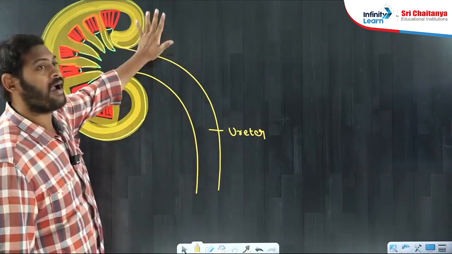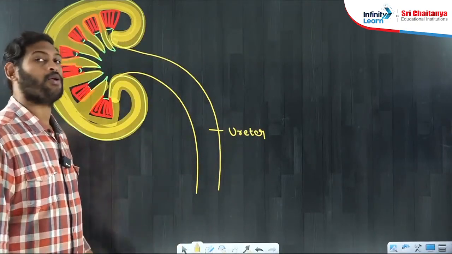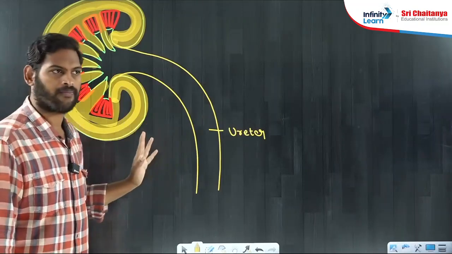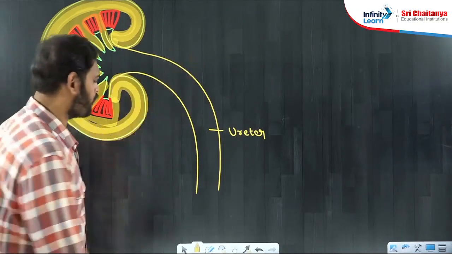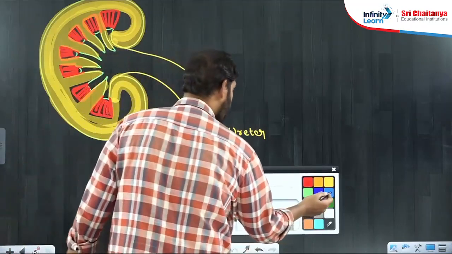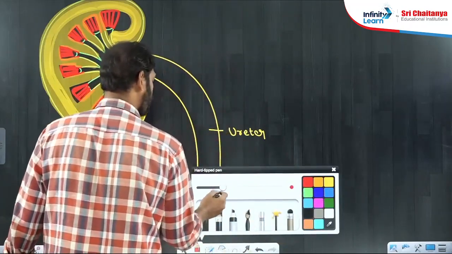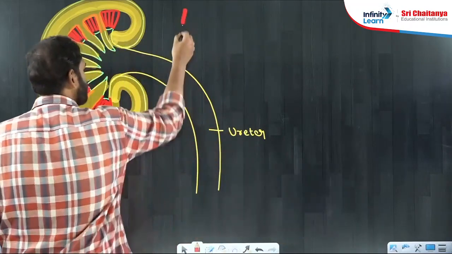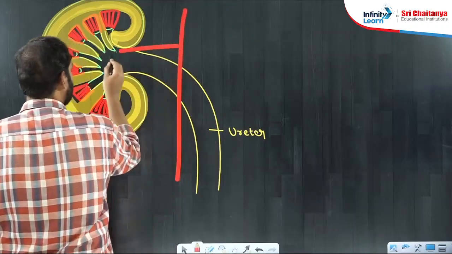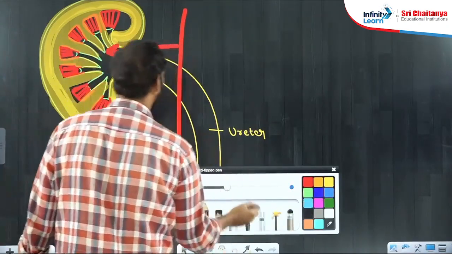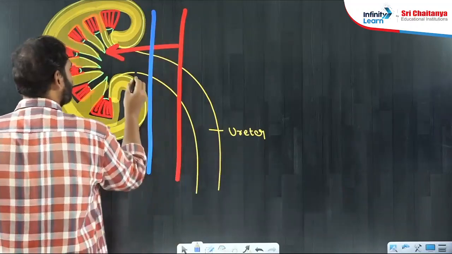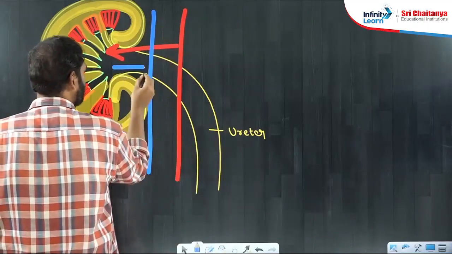At the junction of the hilum, not only the ureter, you can also witness the entry of the renal artery as well as the exit of the renal vein.